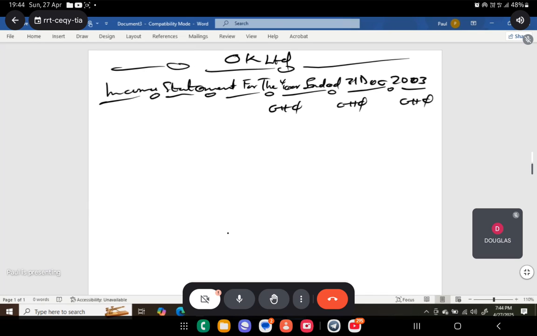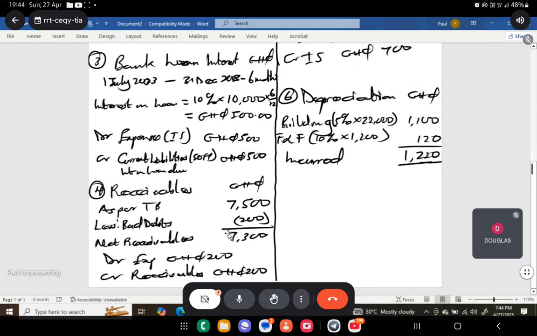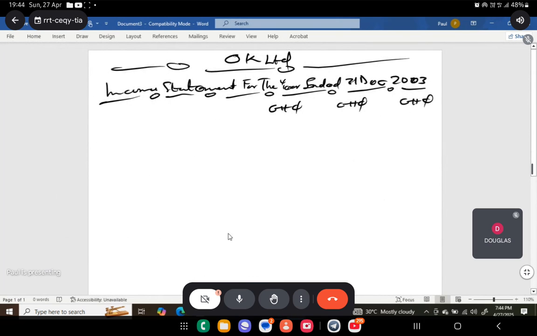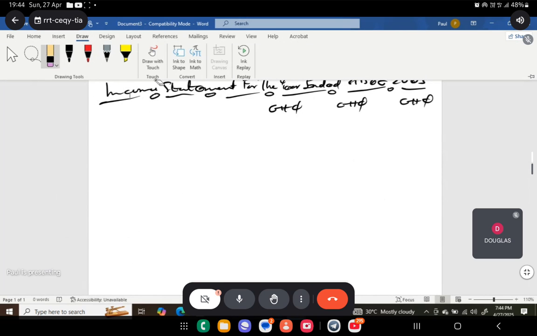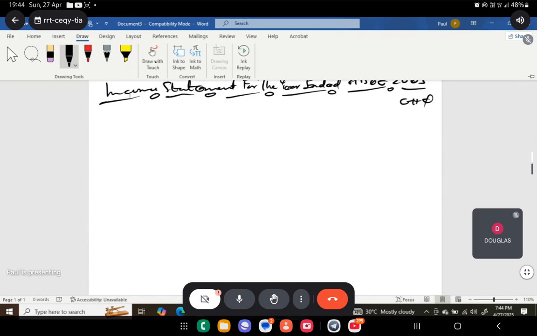So I do my adjustment in the income statement. You see the adjustment we've done, I do mine here. That's why I use three currency signs. So the first one is for adjustment, and the second and the last one are for the rest. Even for your own, I don't need the three, I just need one or two, then a note to the account. But I've decided to use three.